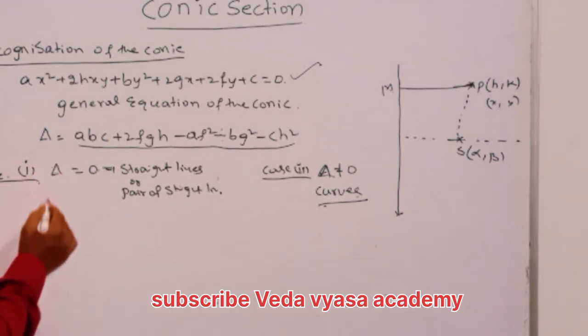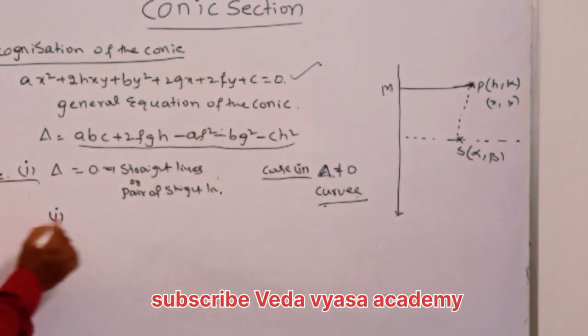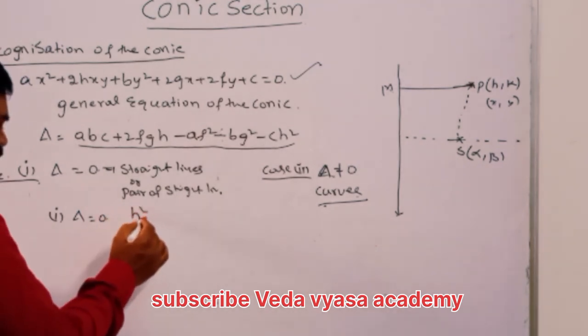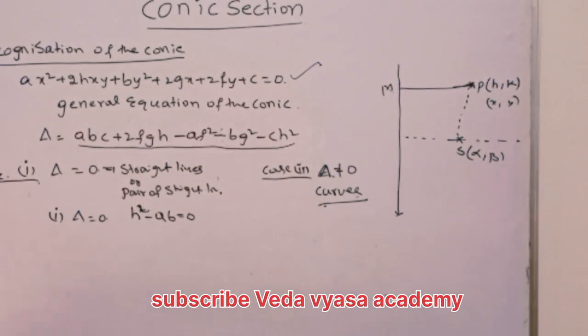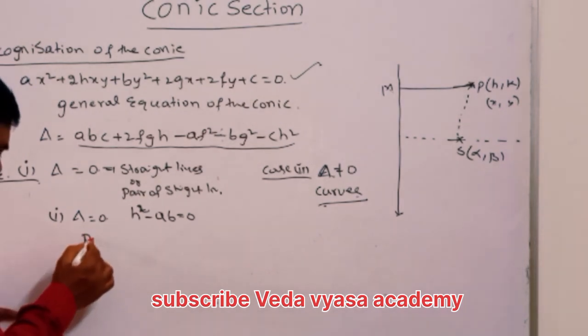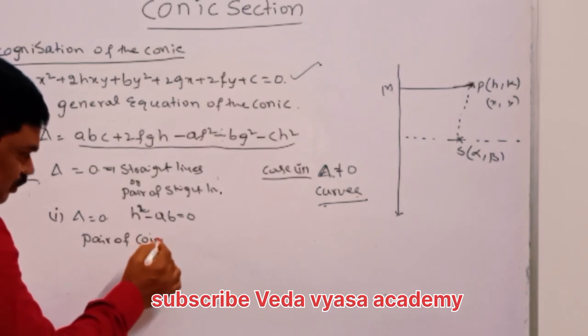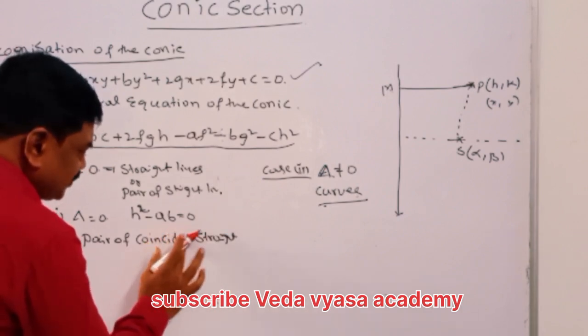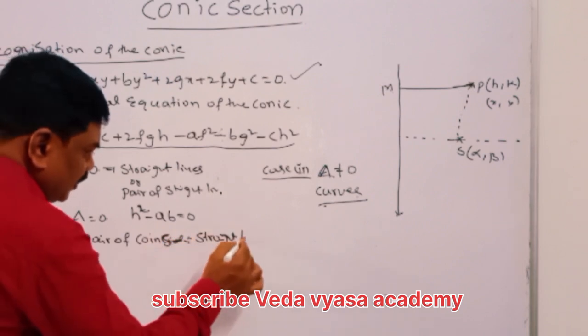Okay, all of you. Next, here in this first one, if delta is equal to 0 and h square minus ab is equal to 0, then it represents a pair of coincident straight lines.